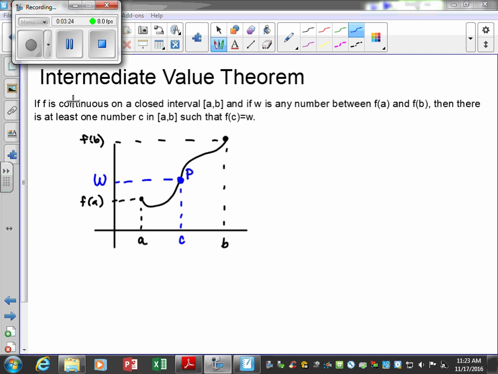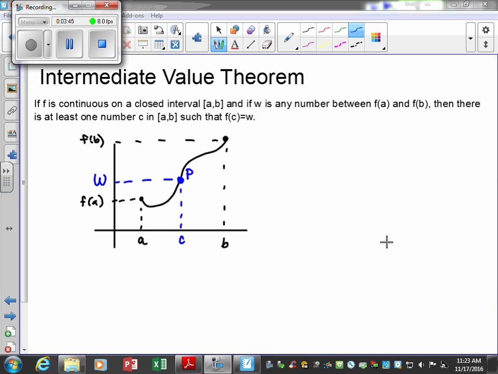Okay, next we're going to look at an extension of our intermediate value theorem. If we think back to just the intermediate value theorem, if you have f of a and f of b with opposite signs, then we knew there was some number c between a and b where f had a 0.